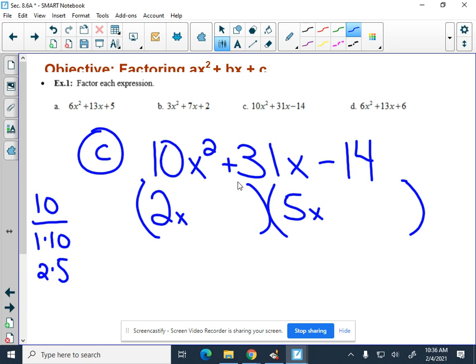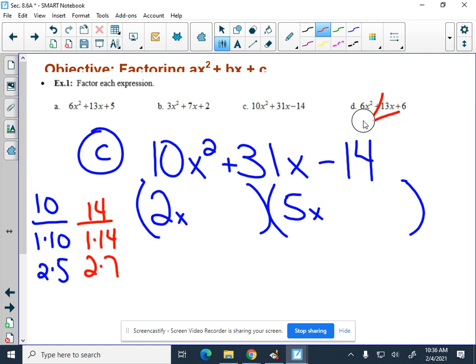But after I come up with that, I still look at the last number. The last number is 14. 1 times 14, 2 times 7.